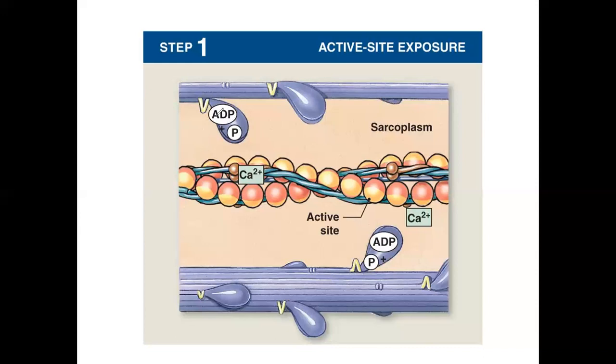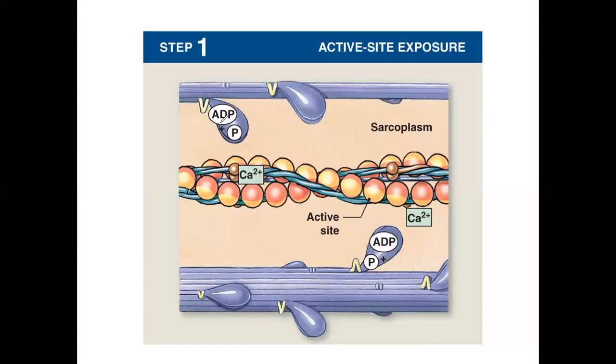ATP is broken down to give ADP plus inorganic phosphate. This process of breaking down ATP provides a lot of energy, but this energy is now trapped by the myosin head. It has not gone anywhere.